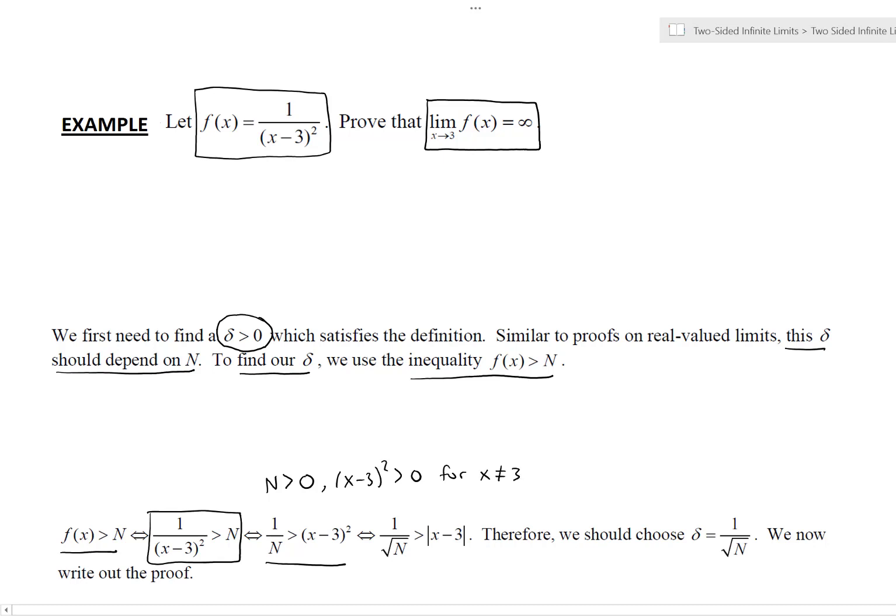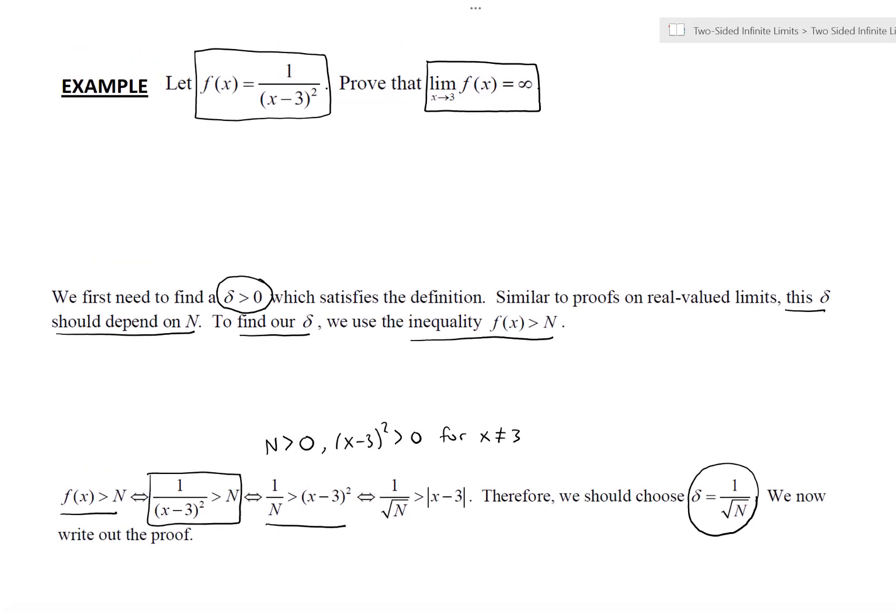So it's not going to switch the inequality symbol. So we go ahead and solve that for n. That means 1 over the square root of n, taking the square root of both sides of the inequality, has got to be bigger than the magnitude of x minus 3, because n is assumed to be positive, and therefore we don't have to worry about the other inequality symbol. So therefore we should pick this delta to be 1 over the square root of n.